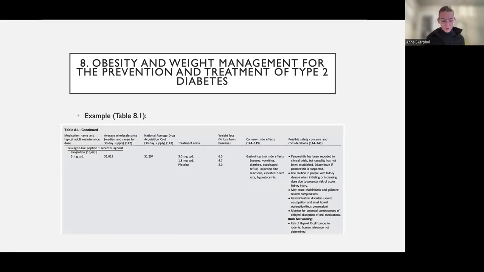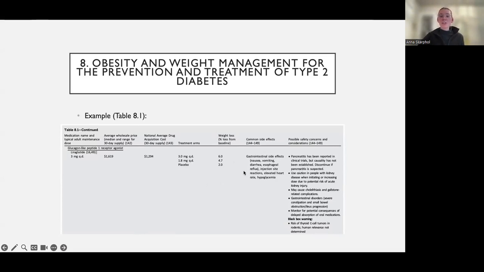Throughout this section, there's actually a really nice table that lays out every single FDA-approved medication. I didn't include the whole thing because we didn't have time to go through it. But for each medication, they provide all of this different information. So they talk about the average wholesale price, kind of what the expected weight loss is with the different dosages, the common side effects, and the possible safety concerns.